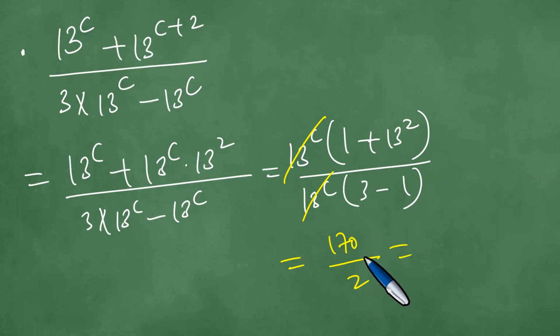Okay, and then what is 13 squared plus 1 in the numerator? What is 13 squared? 169. Plus 1, 170. What is 170 divided by 2, Leander? 85. 85, and that's the answer.